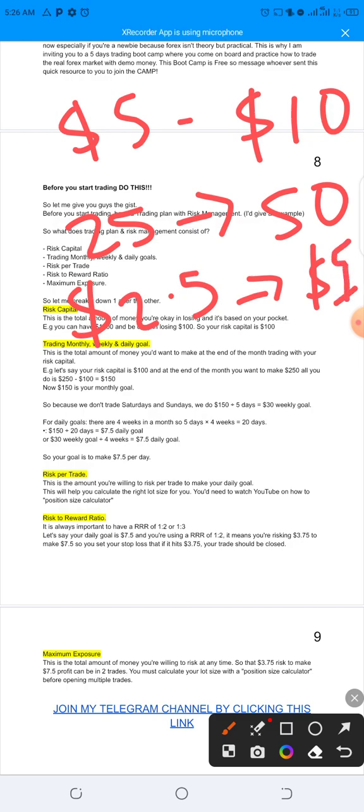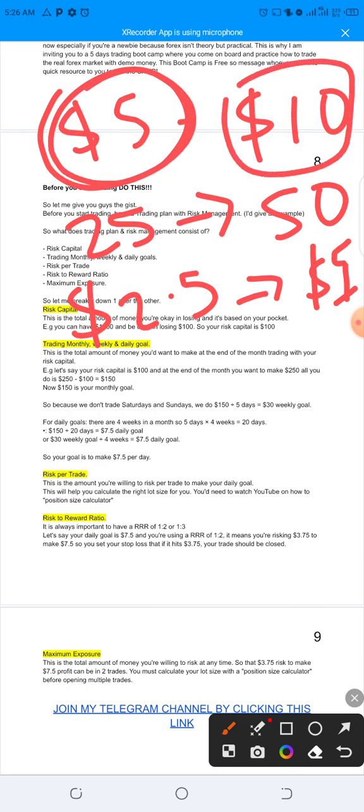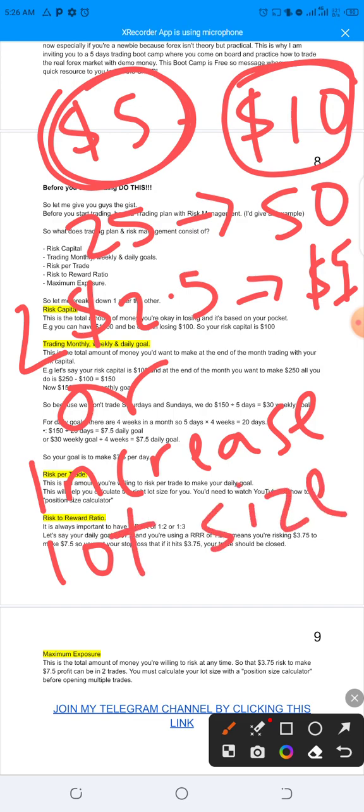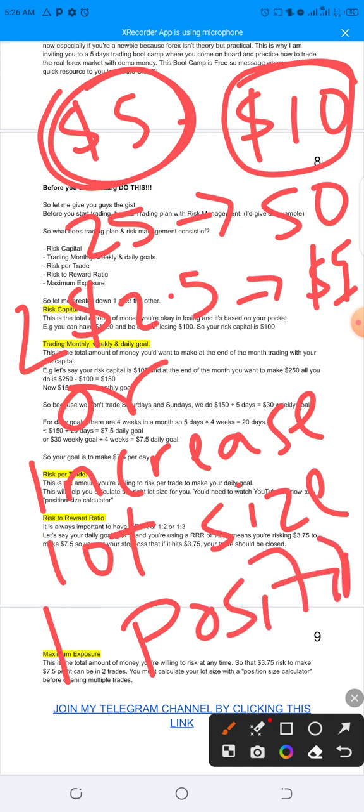Because we know that we want to risk a total of $5 that day to make $10, it means we can now open how many positions? 2 positions, or increase our lot size and open 1 position.